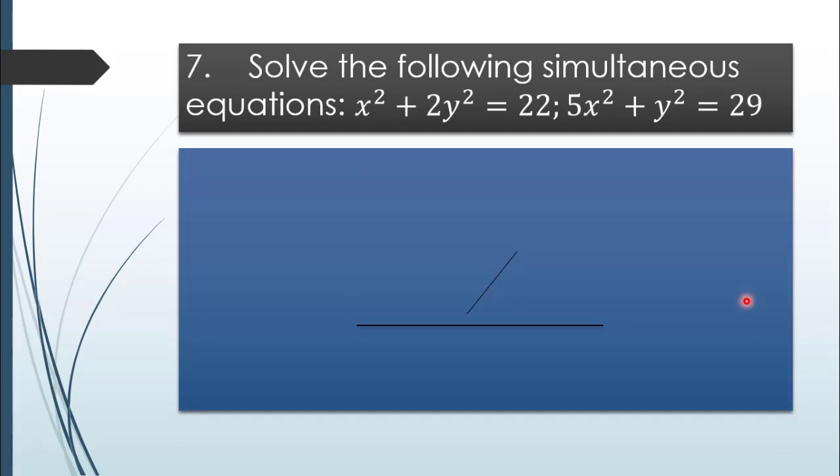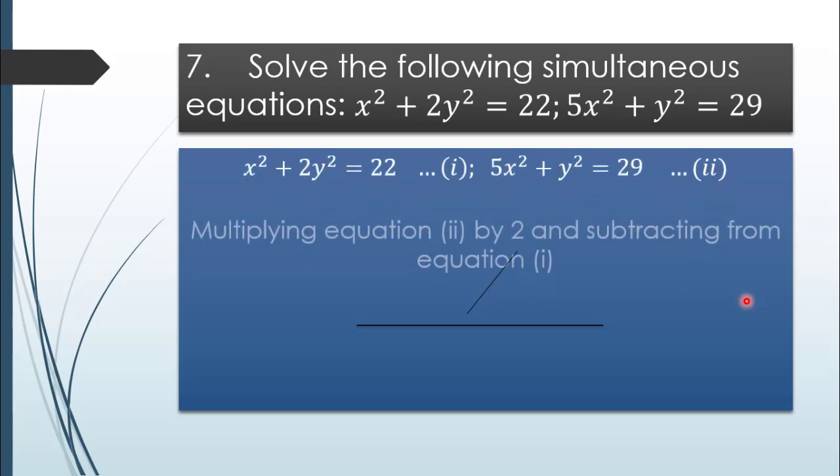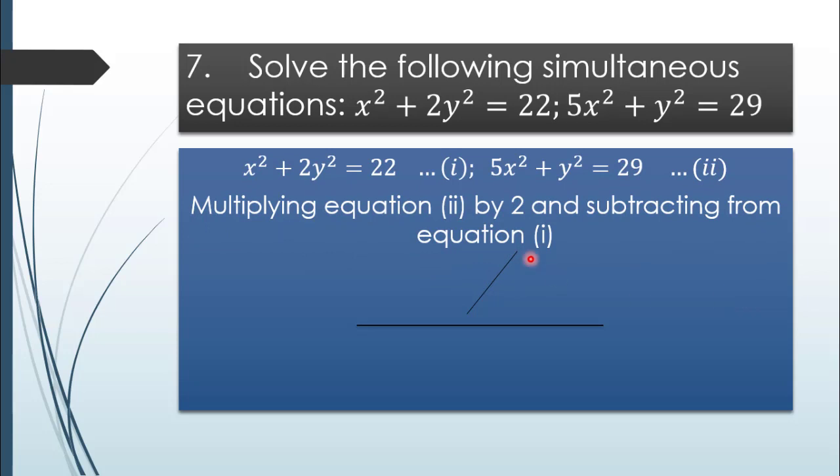First of all, we name these equations as 1 and 2. Then we multiply equation 2 by 2 to make the same coefficients of y square, that is 2y square.